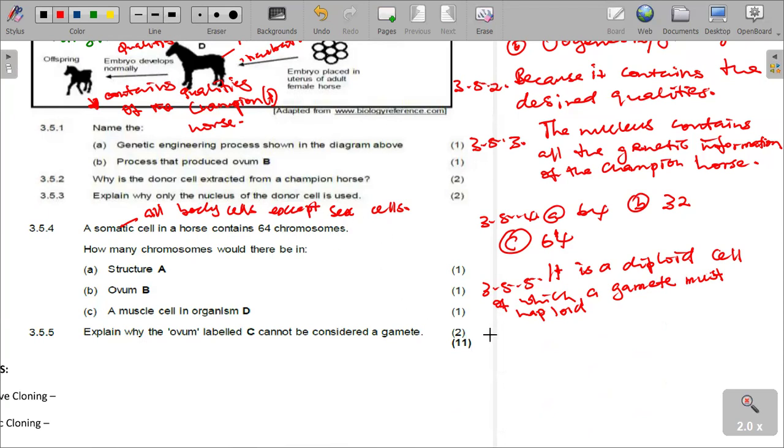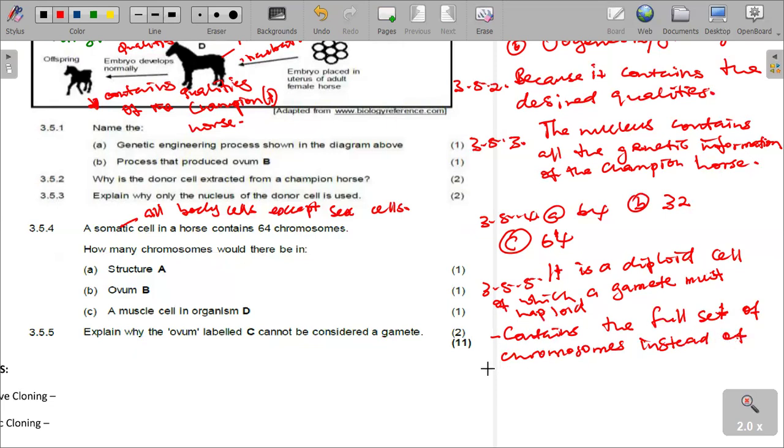In other words, we can just say it contains the full set of chromosomes instead of having only half.